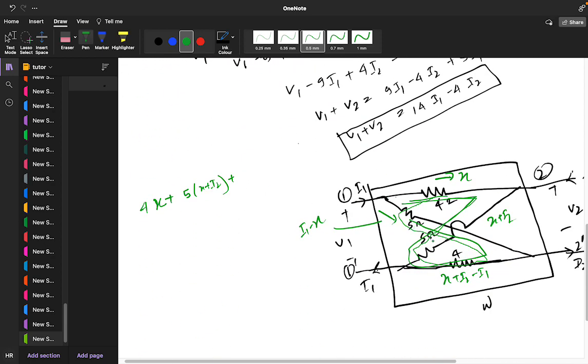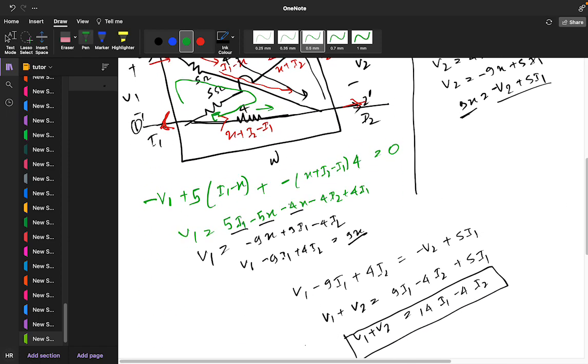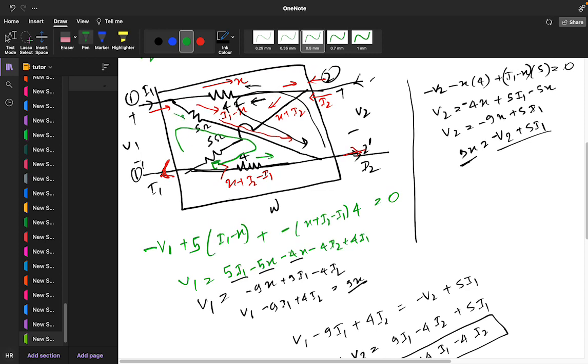We are taking like this, and the current direction is this only, and we are getting 4x plus I2 minus I1, and this is the opposite direction. This 5 ohm current is taken like this, but we are moving like this.